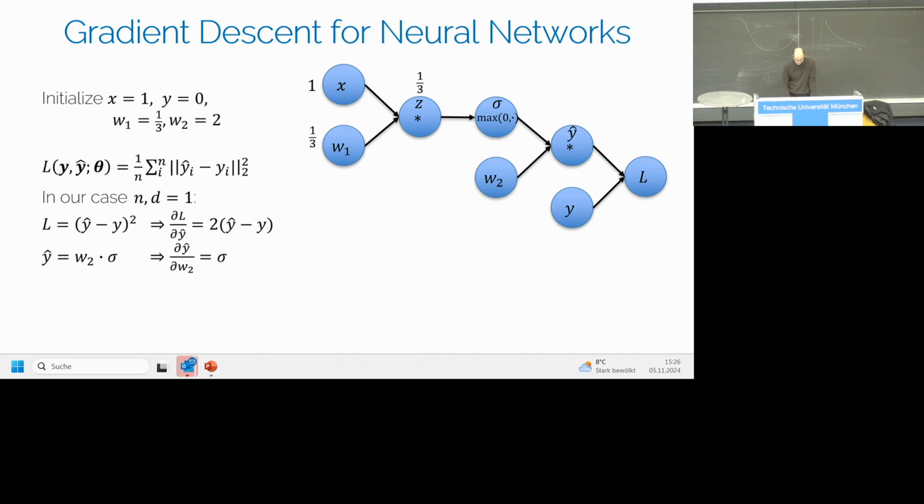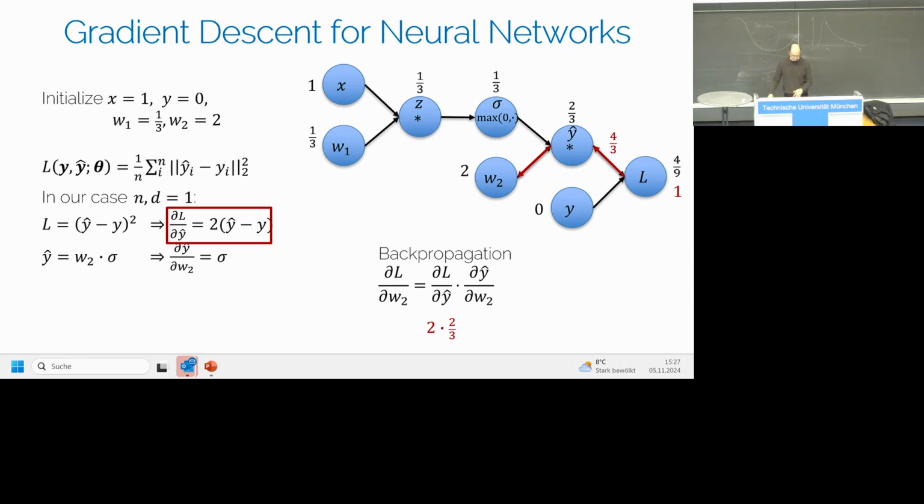And so we can do a forward pass here through the network with these initial settings. We get the loss, and then, given these partial derivatives, we can do backpropagation. For the derivative of the loss with respect to W2, we first take the derivative with respect to y hat, and then y hat by W2.